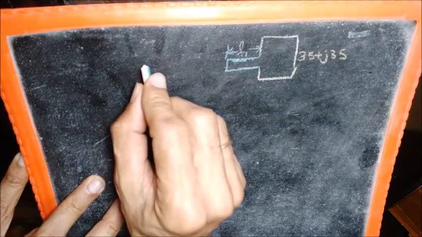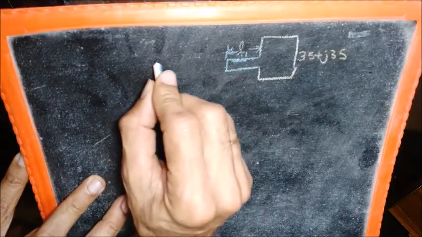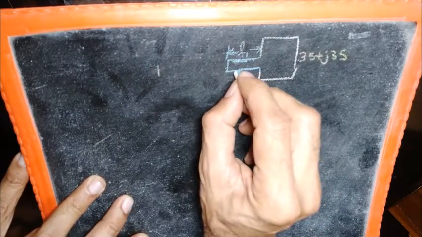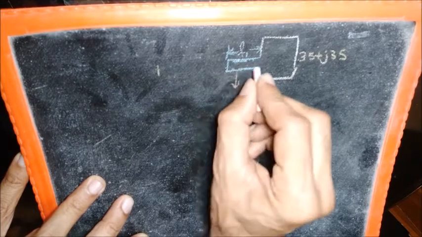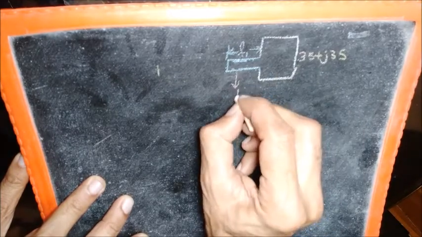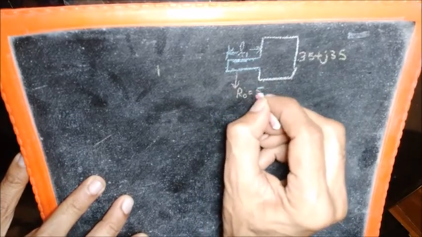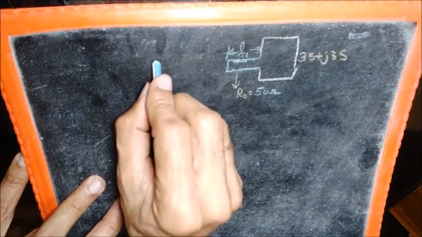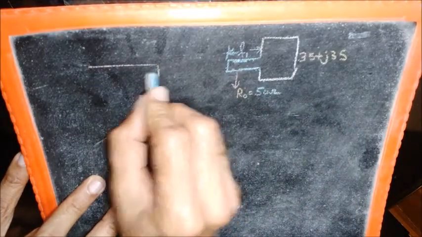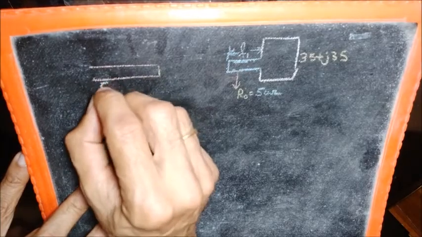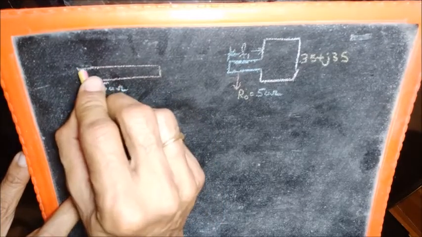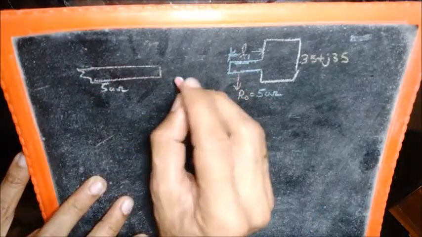The characteristic impedance of this section of transmission line was 50 ohms, and we were supposed to match this to another 50 ohm line.